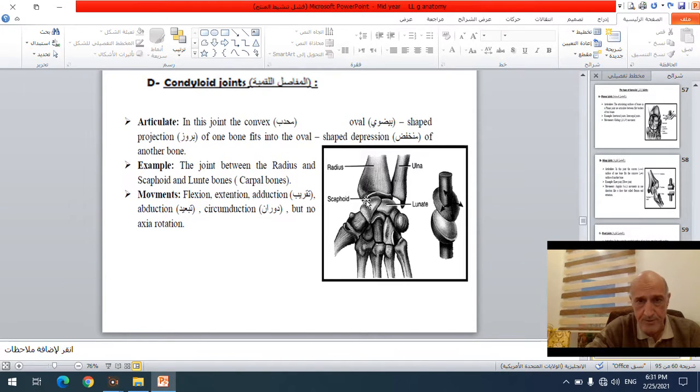This is a convex projection, and it fits in the oval-shaped depression of the other bone. Example, the joints between the radius and the scaphoid and lunate bones in the carpal bones. Movement: flexion, extension, adduction, abduction, circumduction, but no axial rotation.